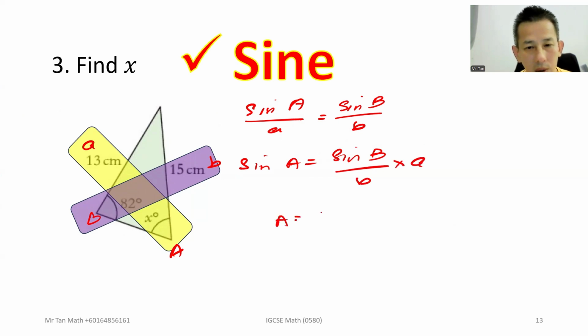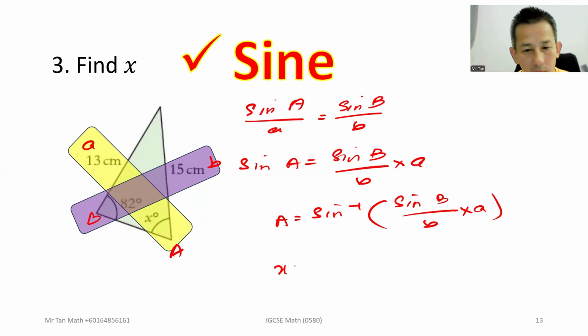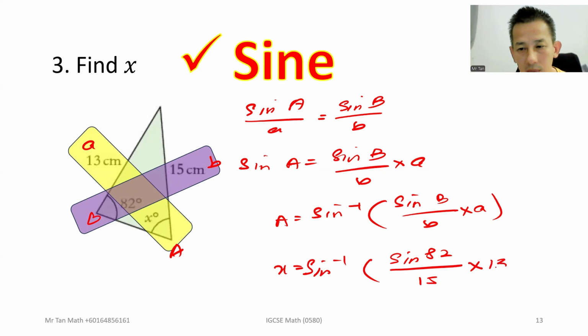So your A should equal sine inverse of sine B over B times A. Okay, so your X equals sine inverse of sine 82 over 15 times 13.